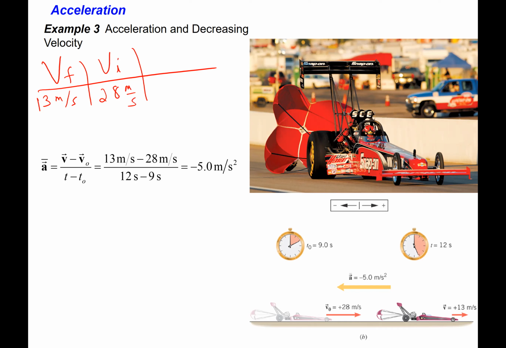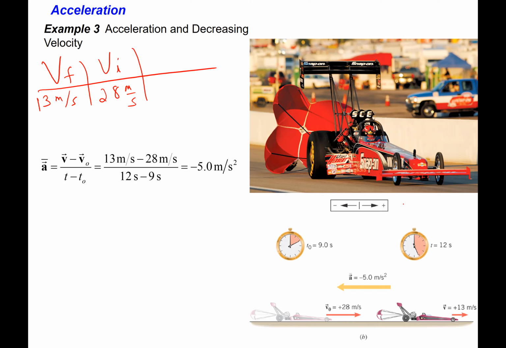And this took place when the time changed over a period of 12 minus 9. So that's the time difference. You notice here that it gave us initially at 9 seconds, the speed was 28 meters per second, but 12 seconds later, the speed was 13 meters per second.